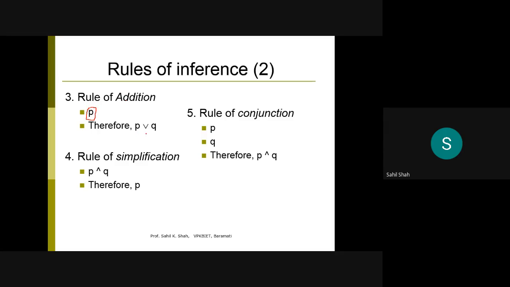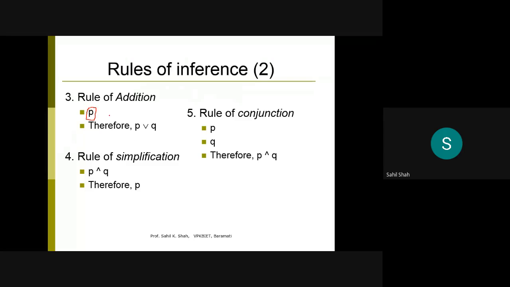As I know, in a disjunction, the entire disjunction will be true if at least one is true. Does it make sense? If either of the propositions is true, then we can assume that the entire proposition connected as a disjunction will be true.